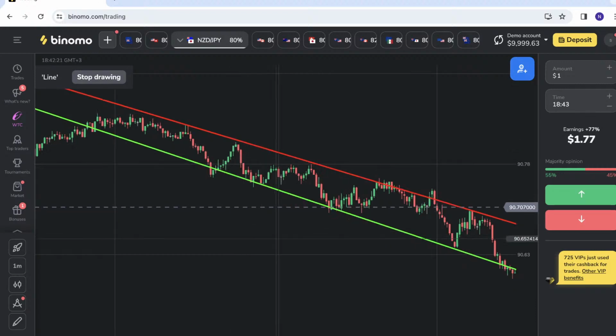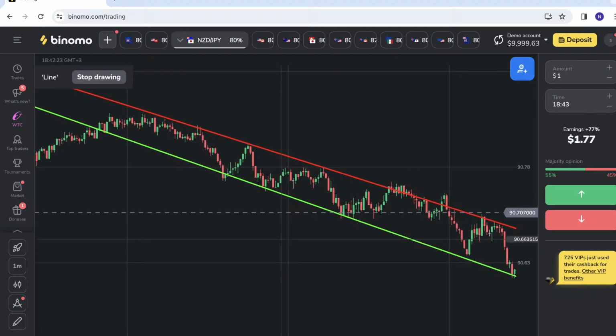Again, I want to say that you can use these lines in different time frames. If you are not sure how to use it in small time frames, maybe you will not have enough time to draw and find good trading signals. You can look at 5 minutes, 15 minutes or 30 minutes time frames.